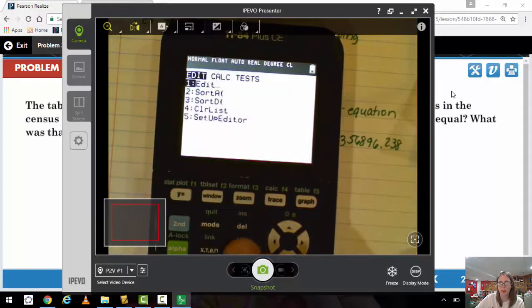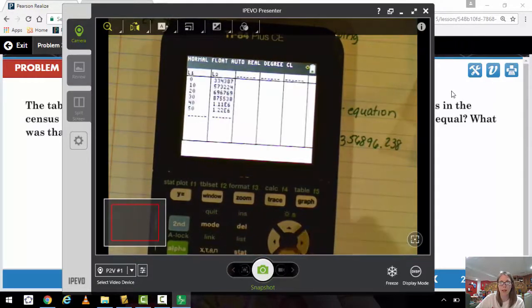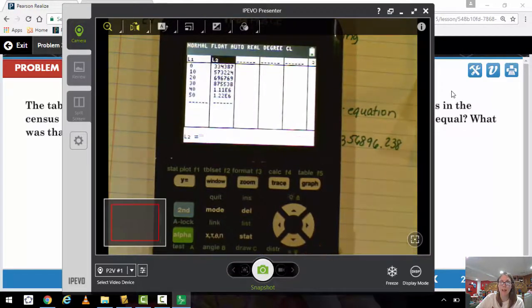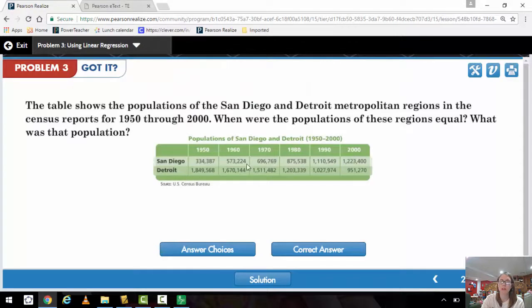My X values here, I really like those X values still. We're working with the same years. Go up to L2, again clear and enter, do not hit delete. And then we can enter in Detroit's Y values here, Detroit's populations. So again, go ahead and do that.